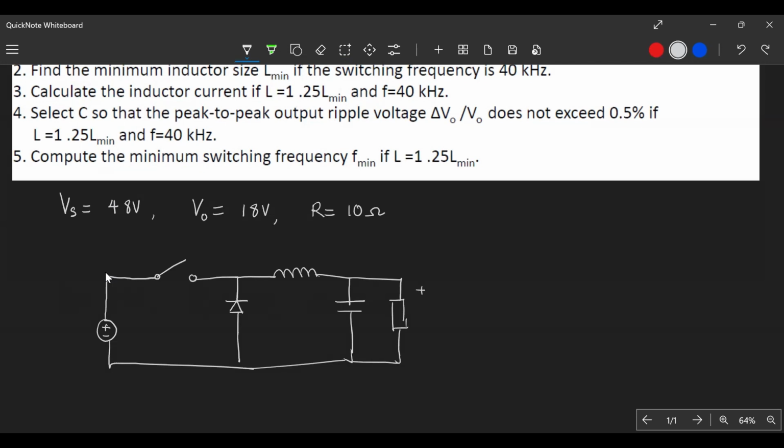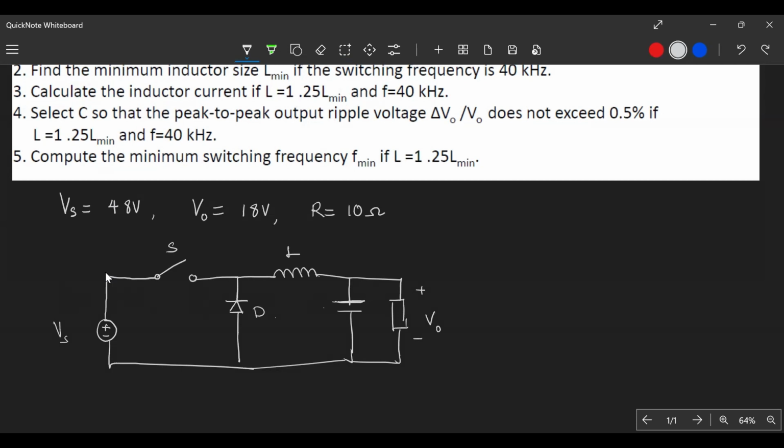This will collect the output. As you can see, the capacitor is connected in parallel with the load, so the voltage across the capacitor is the same as the voltage across the load. So we have the inductor here, the switch, the supply voltage, and then the diode here.